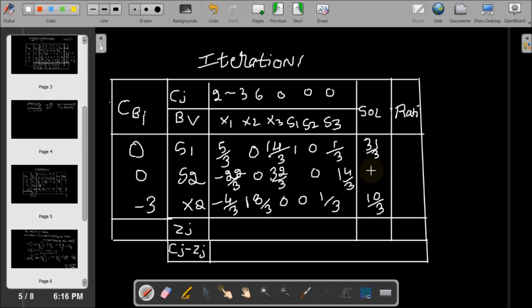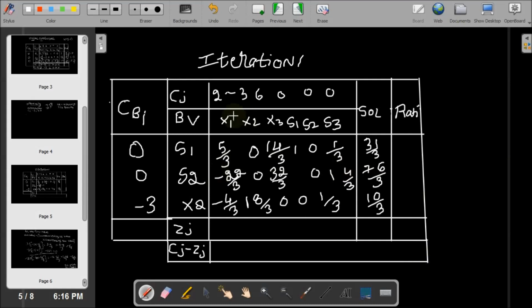Solution will be 76 by 3. You can calculate that. Okay, guys? So if you get confused, see, here value 1, 0, 1, 4 by 3, 76 by 3. Now I found out the new values for S1, S2 and x2.